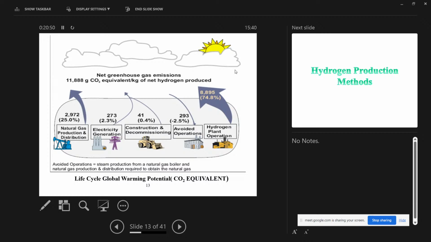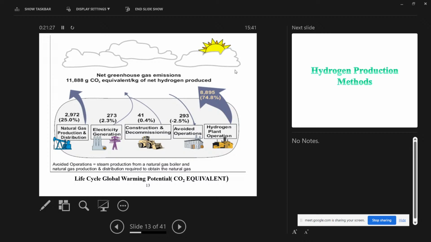Natural gas production and distribution gives 25% per kg of hydrogen produced from the sources. Electricity generation gives 2.3%. Construction and demolition gives 0.4%, and avoided operations like -2.5. But mainly, over 75% of the hydrogen is produced from hydrogen operation plants, which mainly give COx or CO2 in the industries.